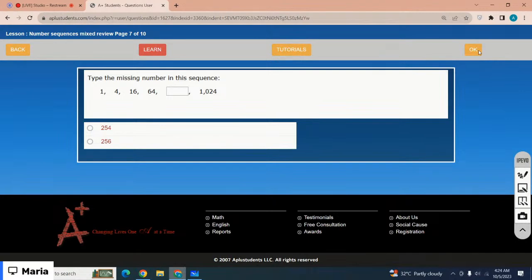They are the multiples of 4. So 64 times 4 is, that would be 256, right? So the missing number is 256. Got it?